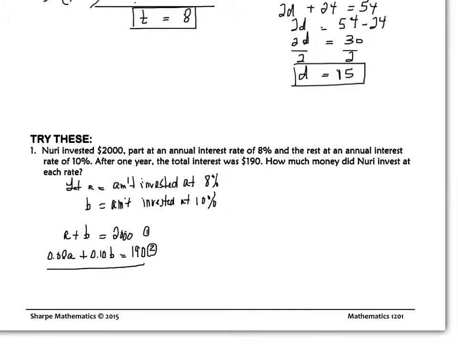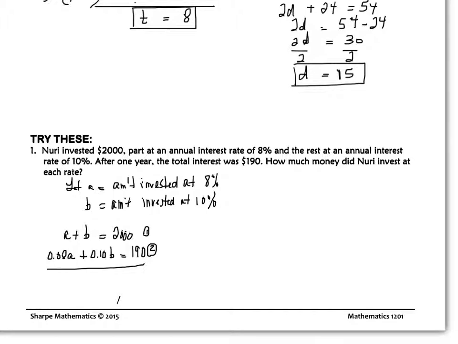So if I take equation 1 and multiply it by negative decimal 0.08, I would be able to eliminate one of my variables.